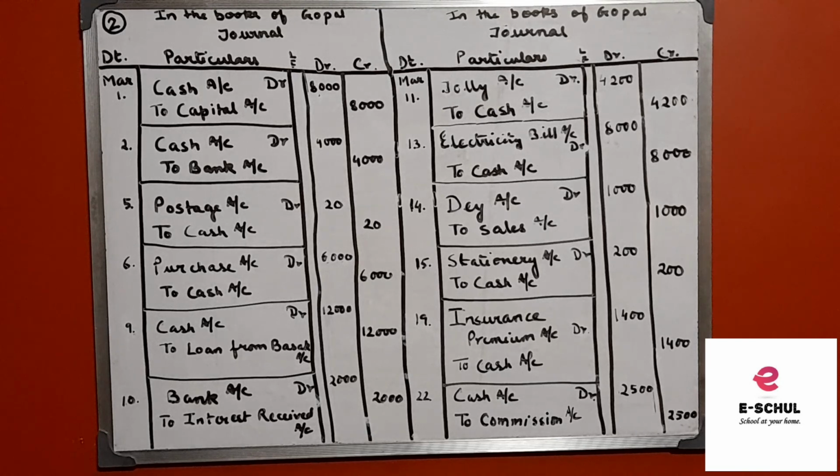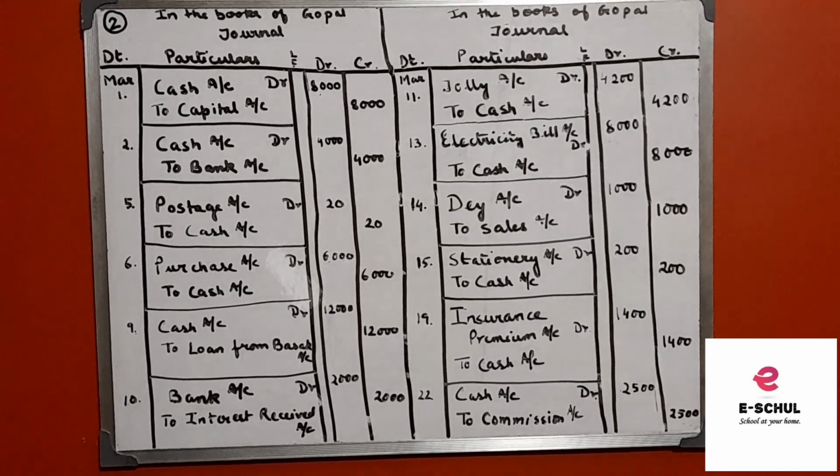So this is an income for you because you are getting money as interest from the bank. The bank is paying you here, so bank account is debited because bank account is receiver here. Bank account debit to interest received. Interest received is a nominal account and it is an income for you.